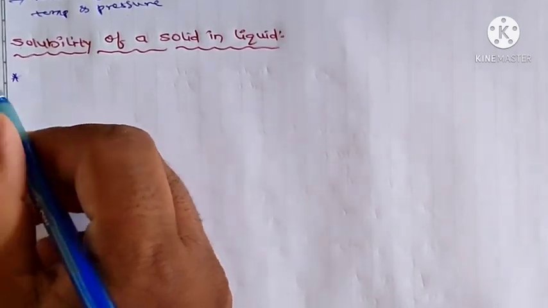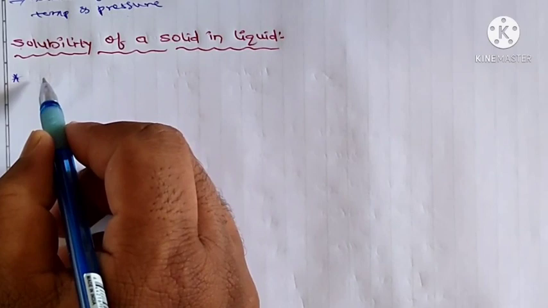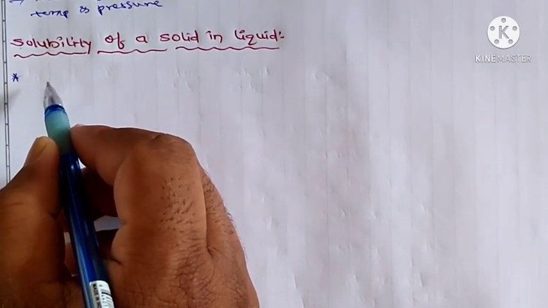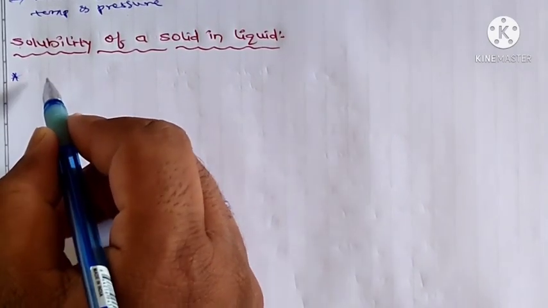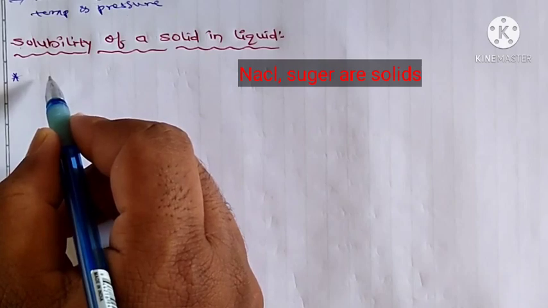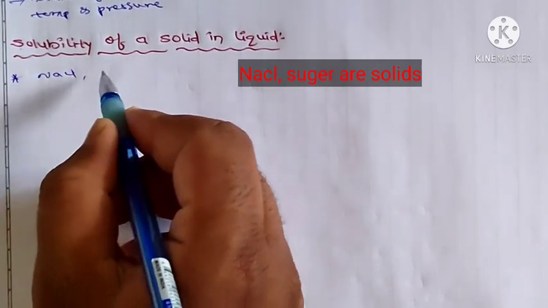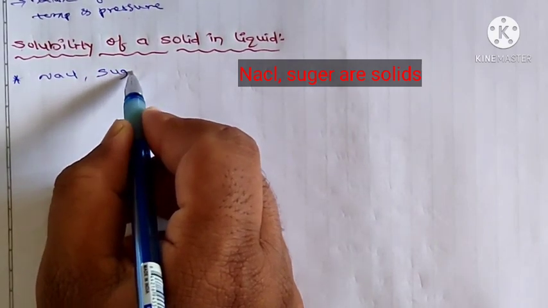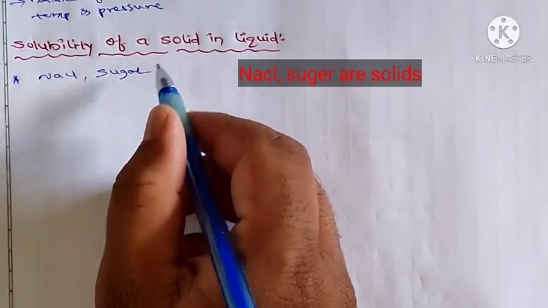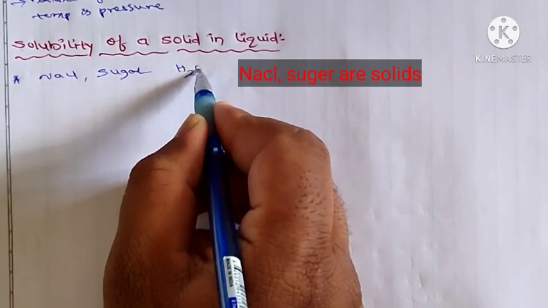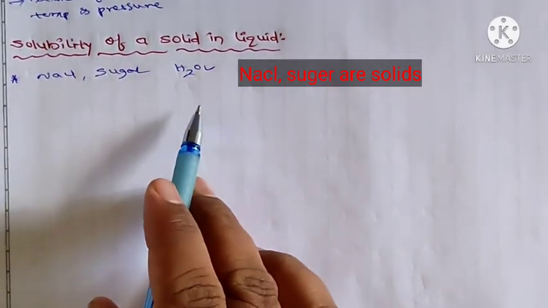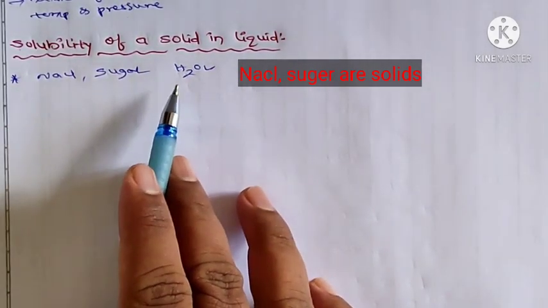And next, solubility of a solid in liquid. Every solid does not dissolve in every liquid. Here NaCl and sugar dissolve in water. They can dissolve in water, NaCl and sugar.